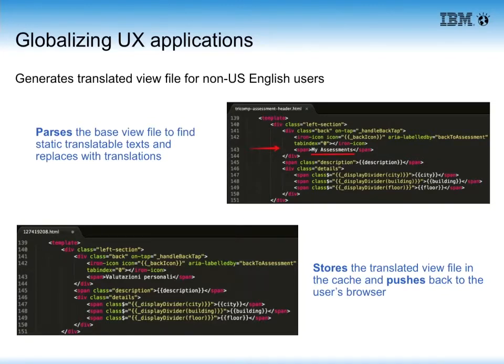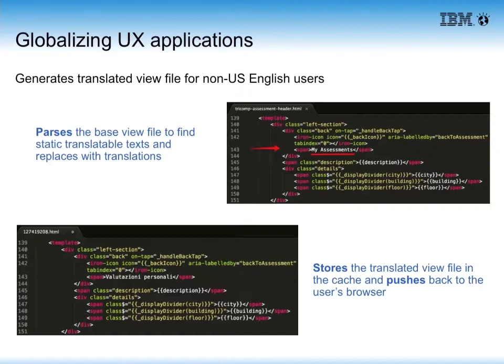So, globalizing UX applications. The new UX framework has a new process of translating the views to the user. In this framework, the platform generates a translated version of the HTML file for non-US English users.